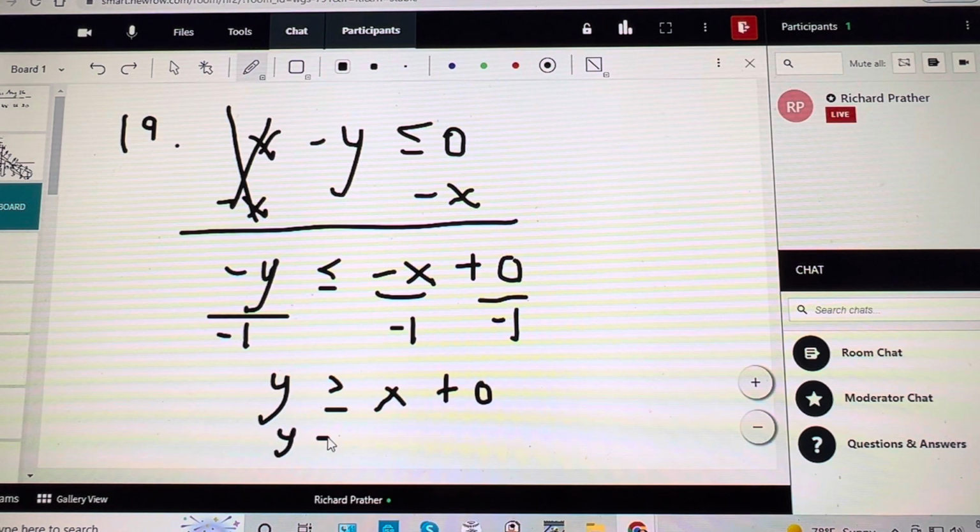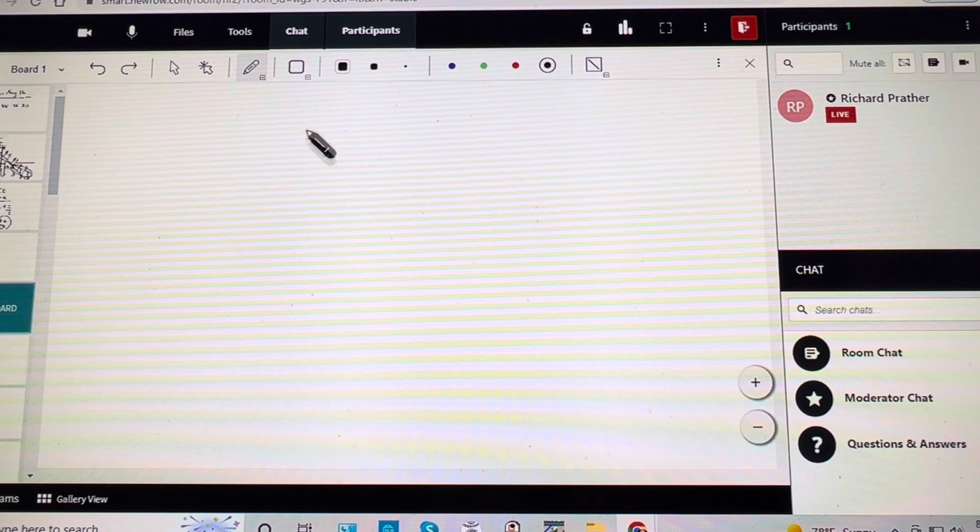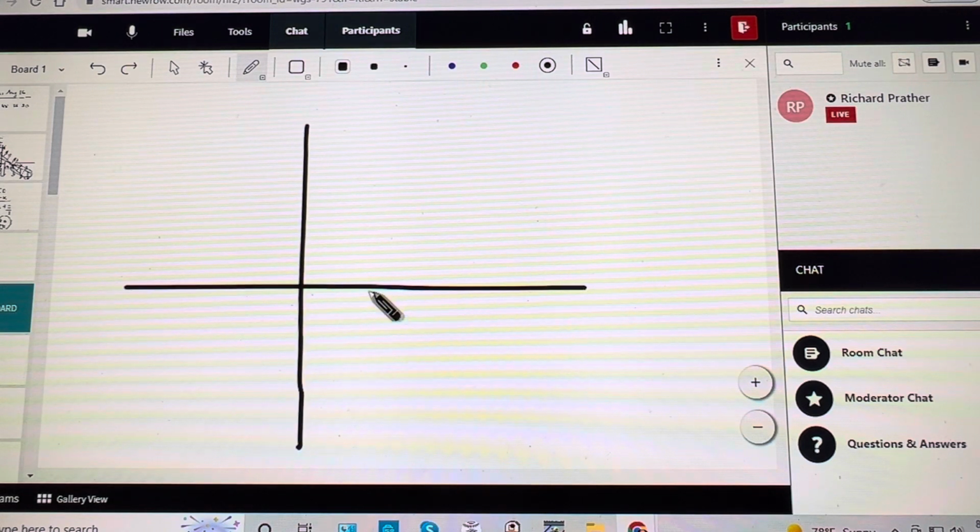So this has a y-intercept of 0, which is the origin. And then it's got a slope of 1. Or 1 over 1, so you go up 1 and over 1 to the right. So let me put this one here. Y-intercept of 0, up 1, right 1.